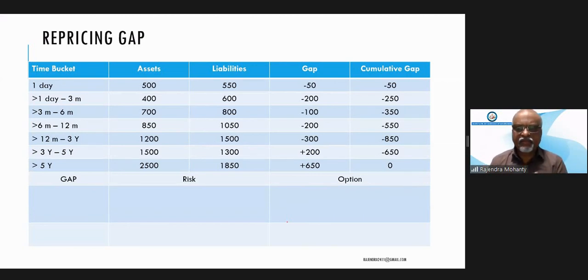Just tell me what the position is in the short-term period and the long-term period. Short-term is up to 1 year, long-term is above 1 year. What about the position of the asset and liability? Suppose you are in the asset liability management department, what do you see?